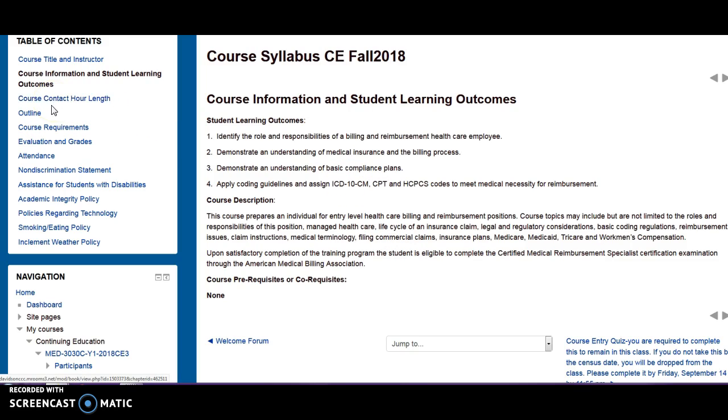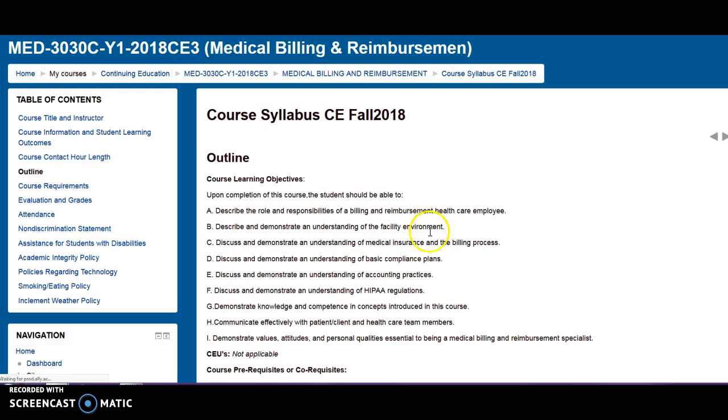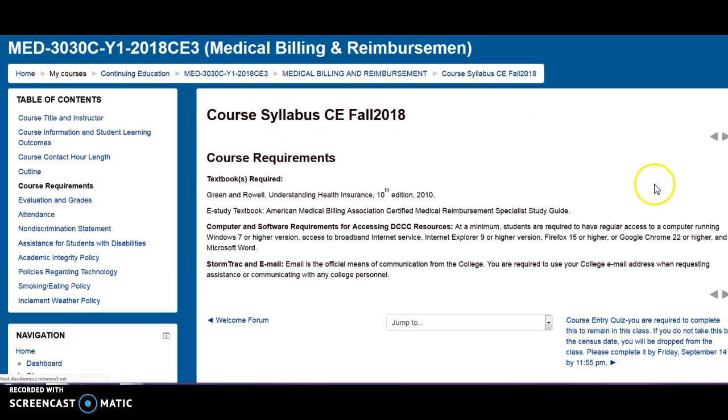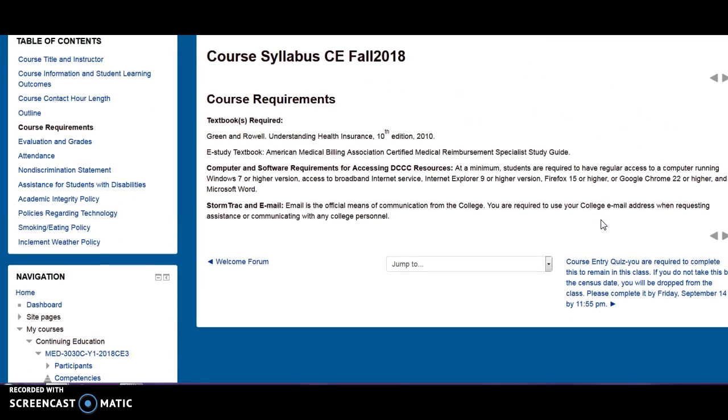You've got the contact hour and then the outline of the course at this point, which still relates back to the AMBA exams as well as the textbook. But we're going to look at course requirements and the evaluation and grades in particular. The textbooks that you have are the ones that your sister sent you, and that's what you're going to need for the course.